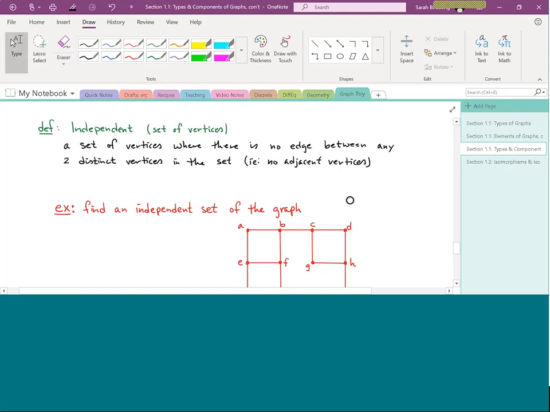In terms of an independent set of vertices, what we're looking at is, again, a set of vertices, but this time it's where you don't have any edge that connects any of the two vertices in a set. In other words, it's a set that is dealing with vertices that are not any of them adjacent vertices.